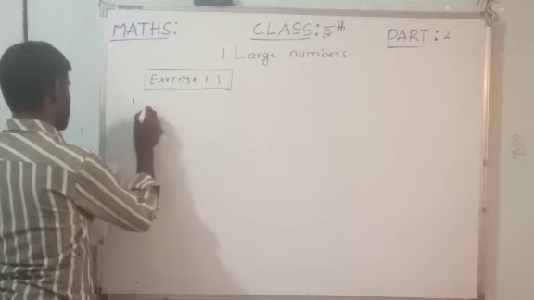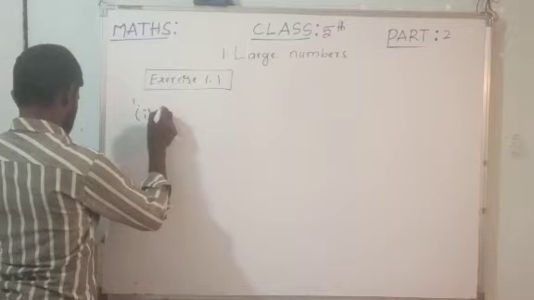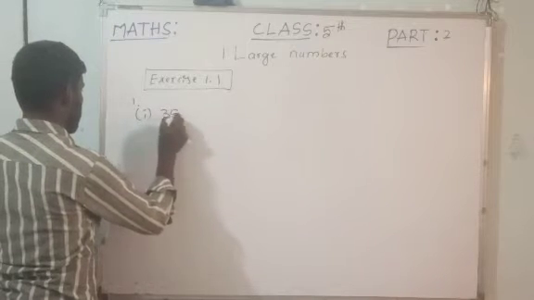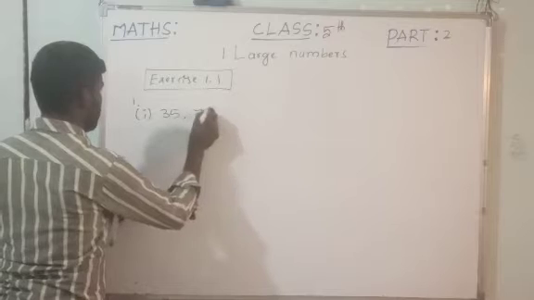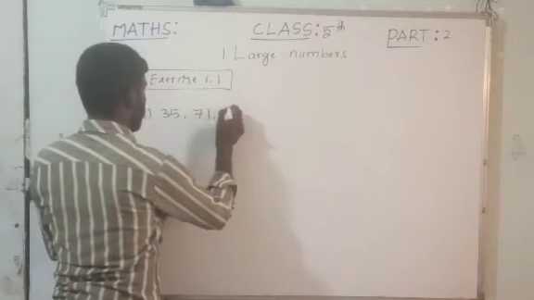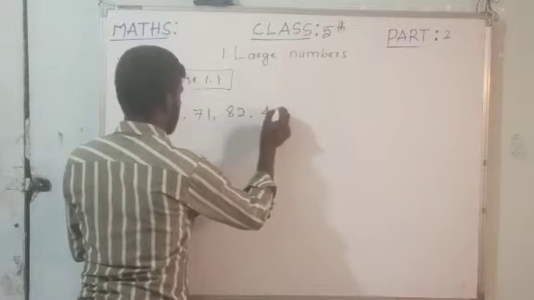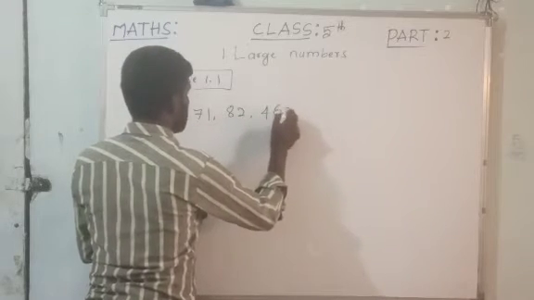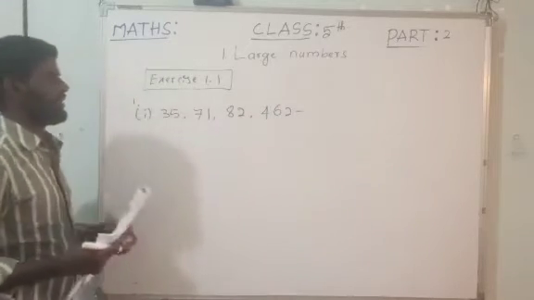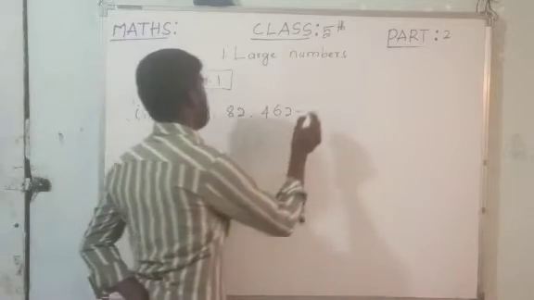That is 35 crore, 71 lakh, 82,462. I will write this one in words here, children.